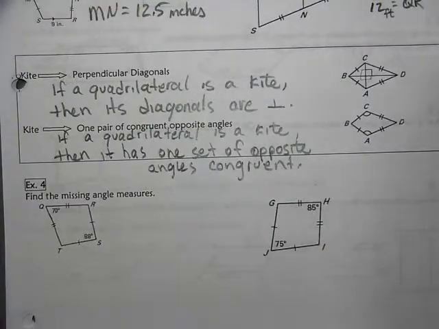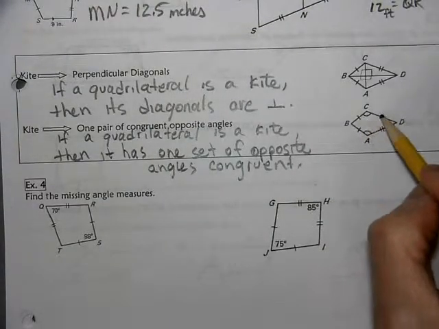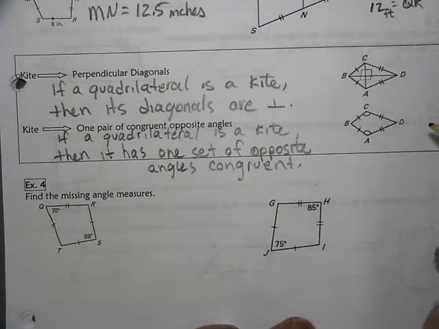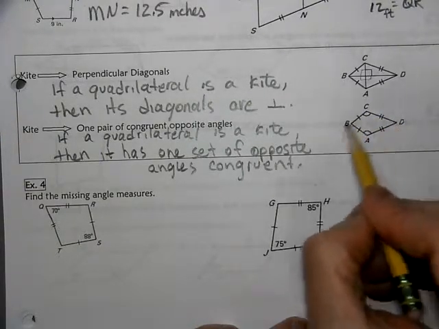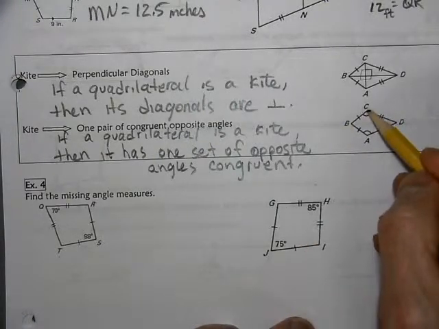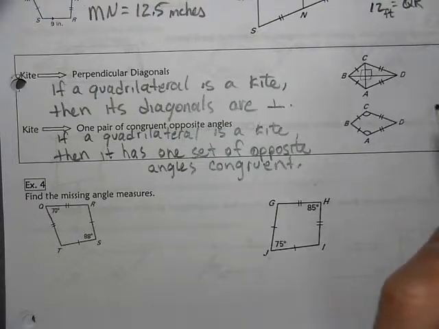And the set that it'll be is always in between your two different lengths. It's always along the shortest diagonal. It'll never be along the longest. It'll never be B and D. In this case, it would always be A and C. Those would be the congruent angles.